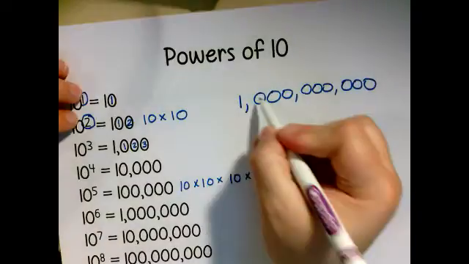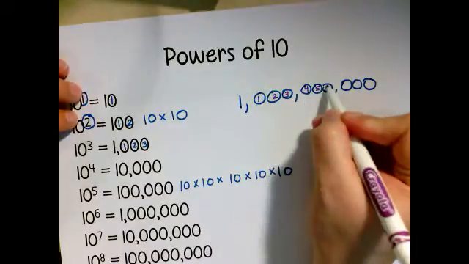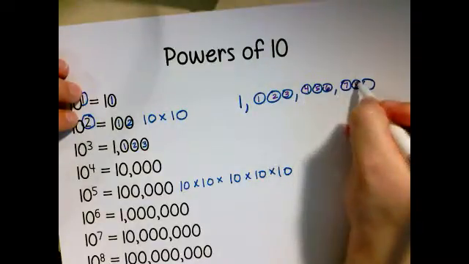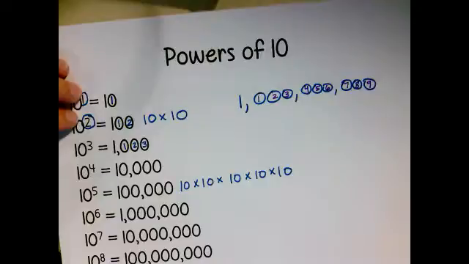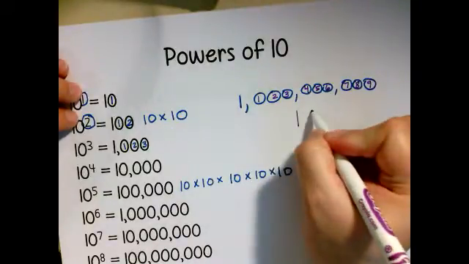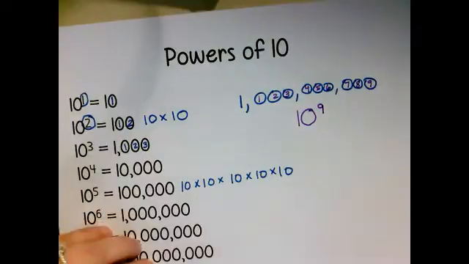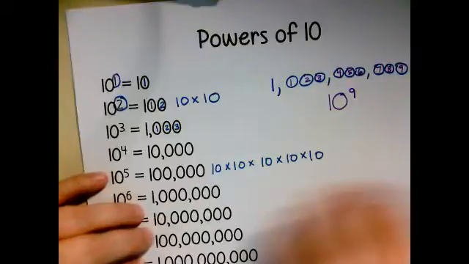Well, you would say I have 1, 2, 3, 4, 5, 6, 7, 8, 9 zeros. So this number is actually 10 to the 9th. So powers of tens is actually a great way to look at patterns, because these powers are based on patterns. All right, so we're going to keep moving on.